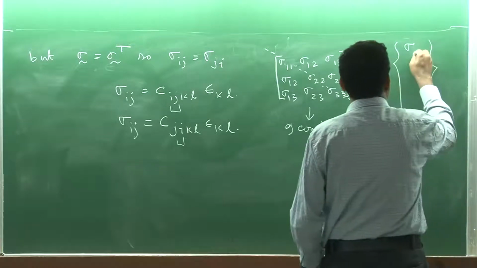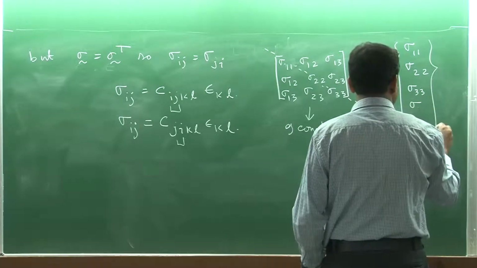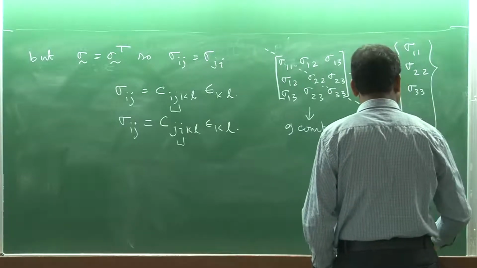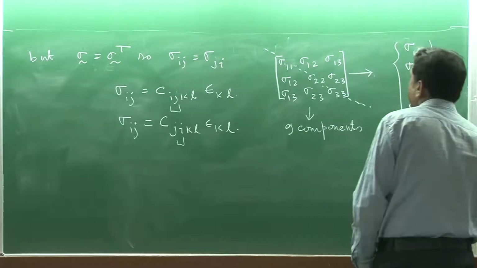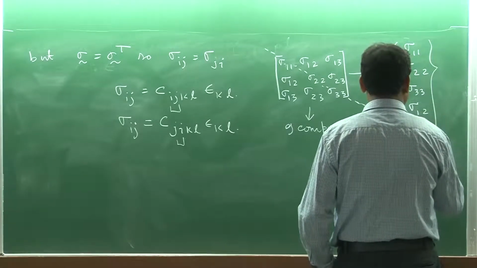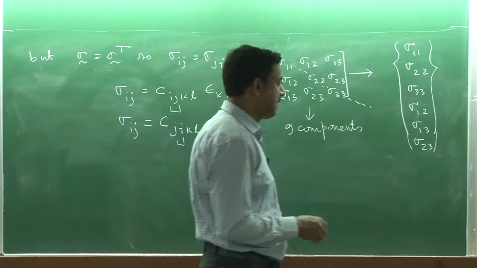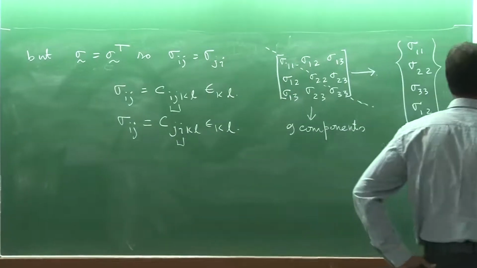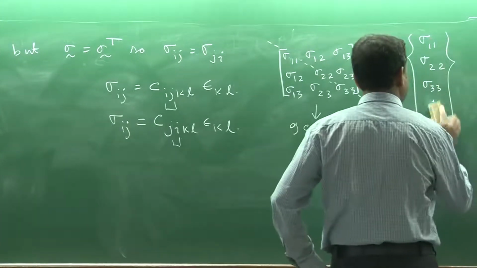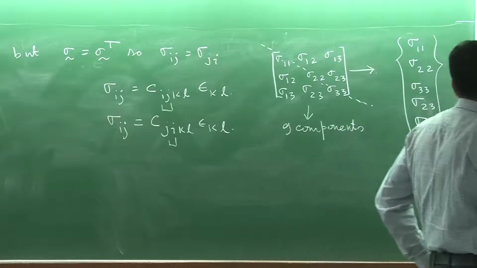So you can concatenate it using a vector form instead of writing in tensor matrix form: sigma 11, sigma 22, sigma 33, and then sigma 23, sigma 31, sigma 12. You can write it in different orders, but in any form, essentially we can write 6 components.